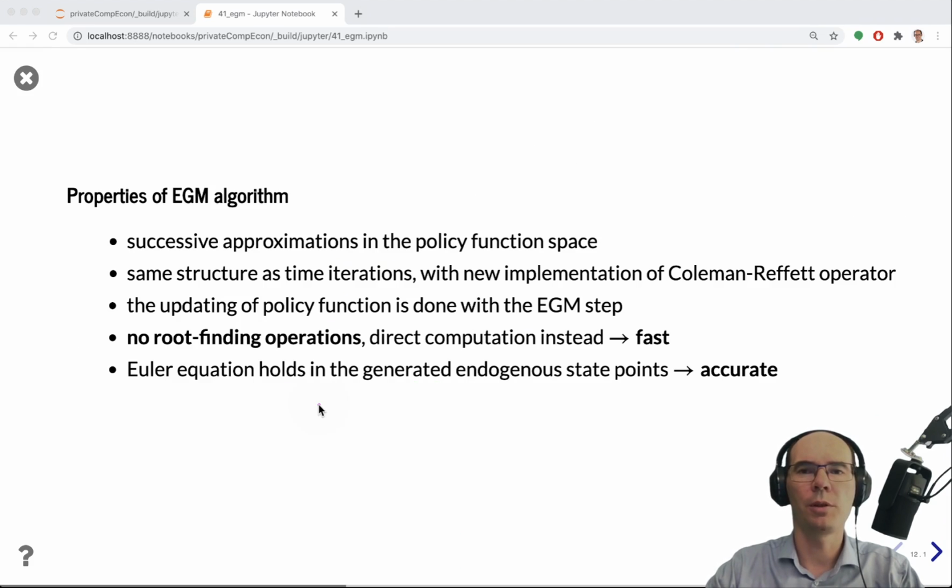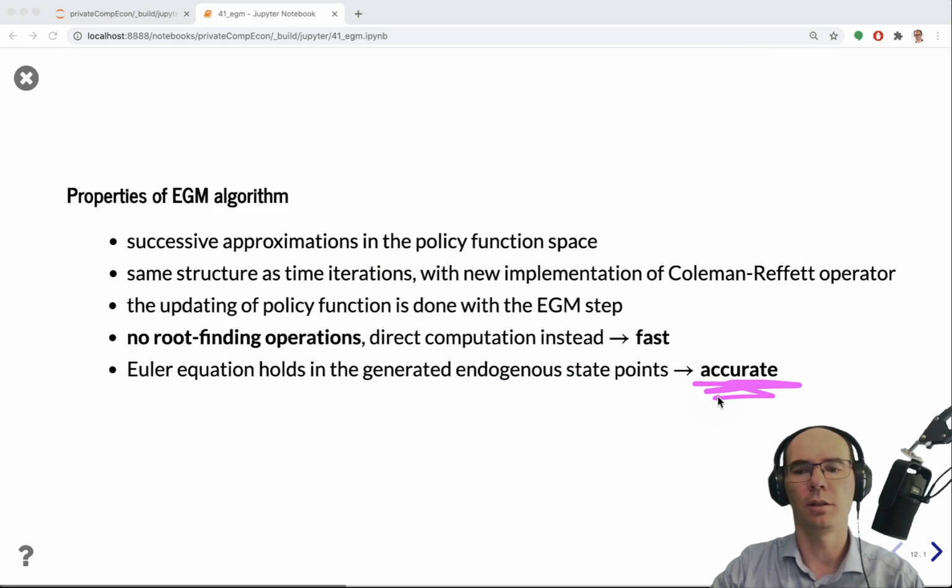So if we go back to thinking about measuring the accuracy of the solution, where we use Euler residuals to check for the accuracy of the numerical solutions, then at least in the endogenous points, the Euler residual in the solution produced by EGM is exactly 0. Maybe between these endogenous points, due to interpolation errors, for example, there can be some inaccuracy in the solution. But at the endogenous grid points, the Euler residual is 0.